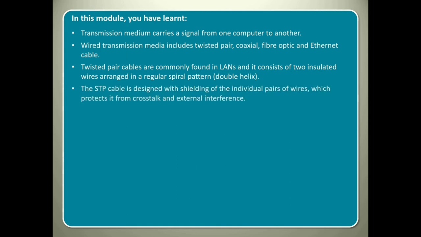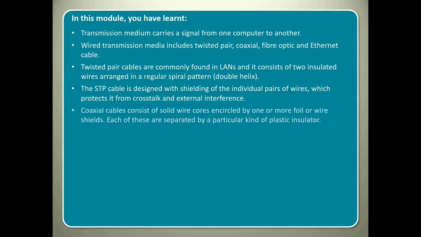The STP cable is designed with shielding of the individual pairs of wires, which protects it from crosstalk and external interference. Coaxial cables consist of solid wire cores encircled by one or more foil or wire shields. Each of these are separated by a particular kind of plastic insulator.